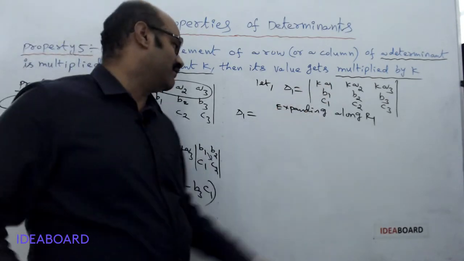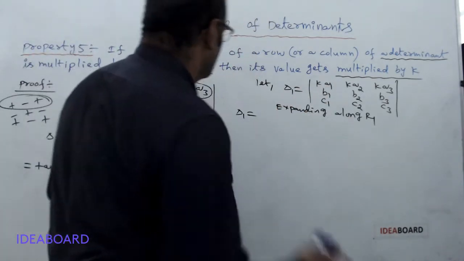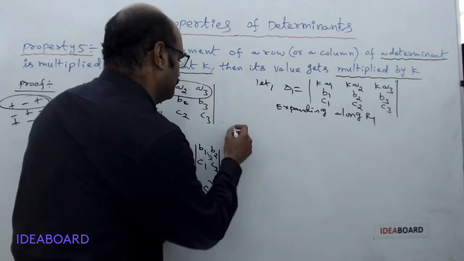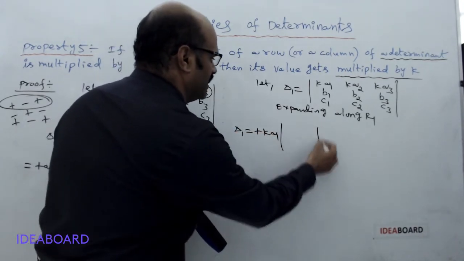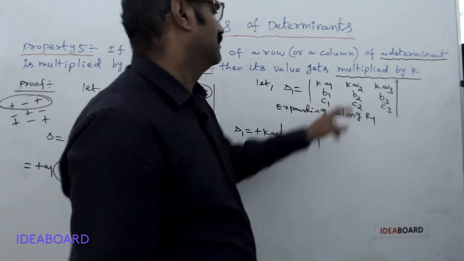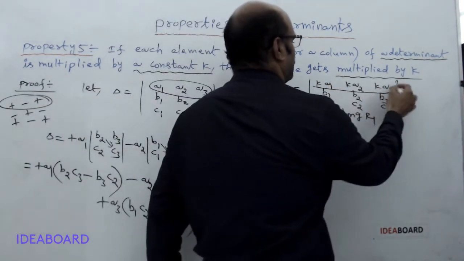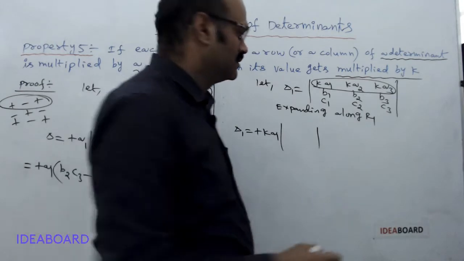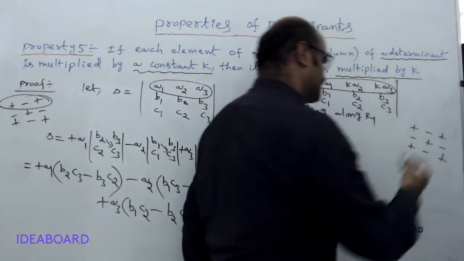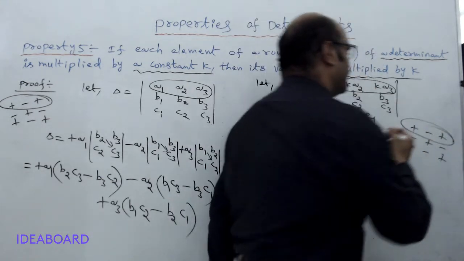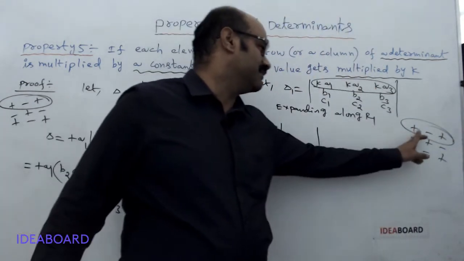Now delta 1 equal to, we have plus ka1 into determinant of, expanding along R1. When you are expanding along R1, we have to take the signs plus minus plus.